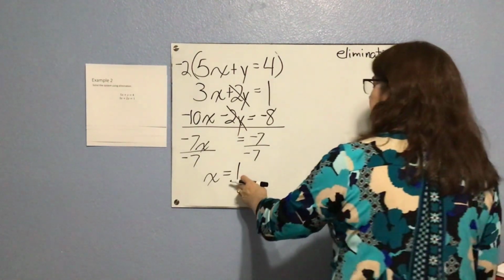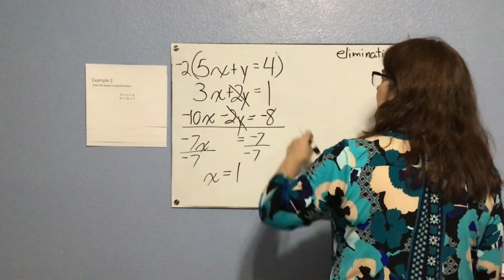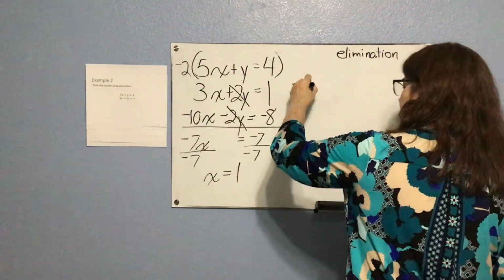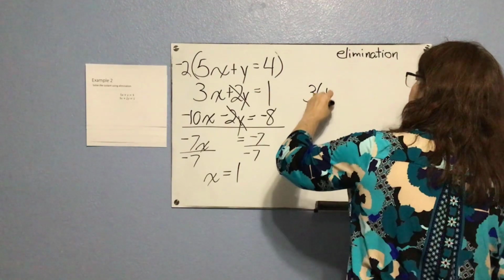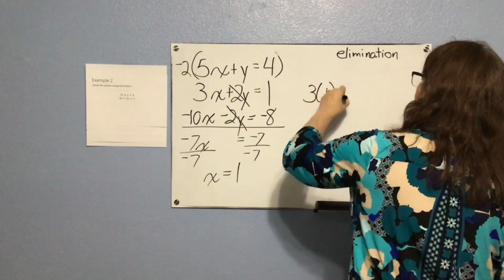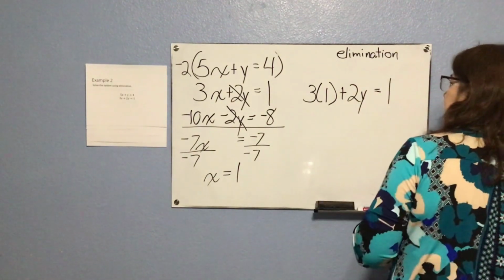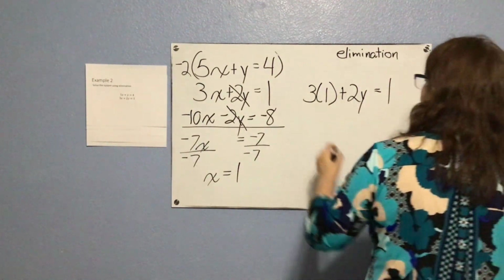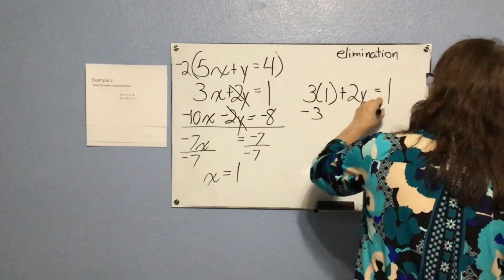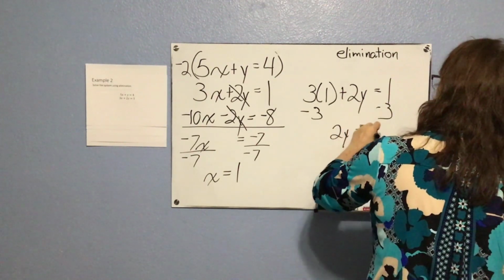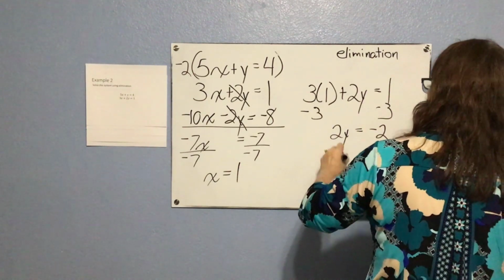Now I'm going to substitute that 1 back into one of these equations, and I'm going to use this one. So I've got 3 times 1 plus 2y equals 1. So I'm going to subtract 3 from both sides, and I have 2y equals negative 2.